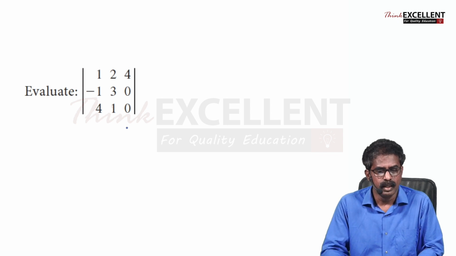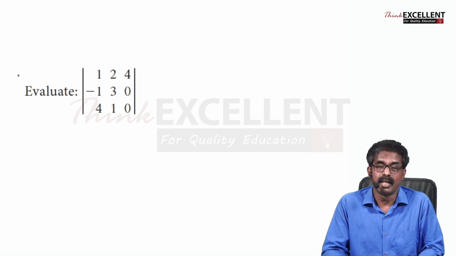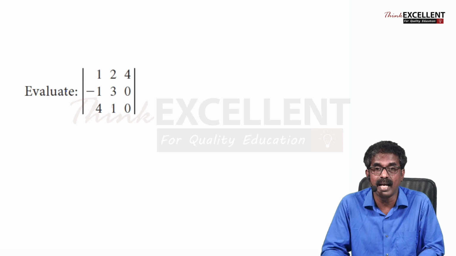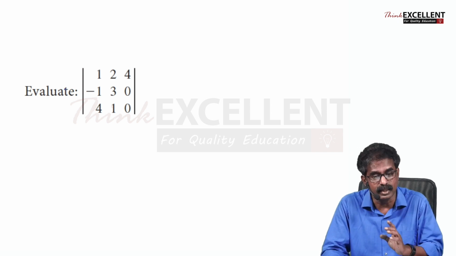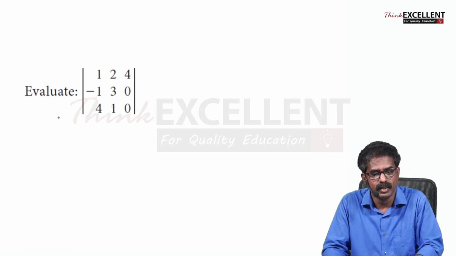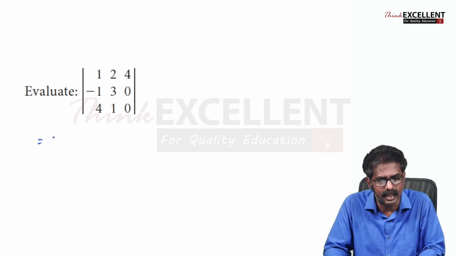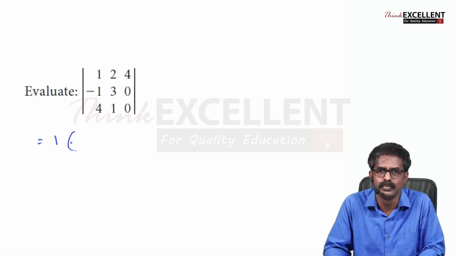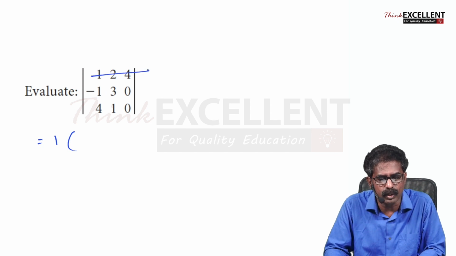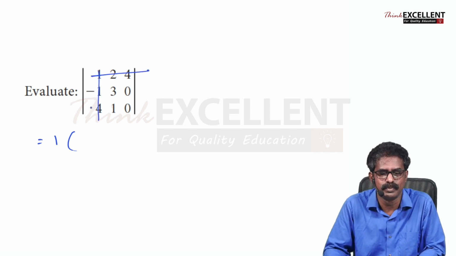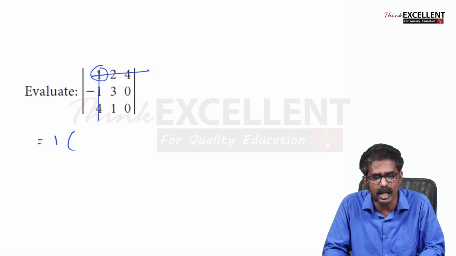Okay. Now please listen, this is very important. How to evaluate, how to expand a 3 by 3 determinant. You take the first number. What's the first number? 1. Take that 1. 1 into. Leave that particular row and that particular column. This 1 we are taking, right? Then leave that row and that column.